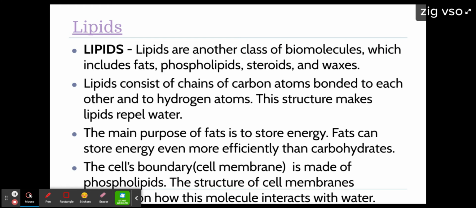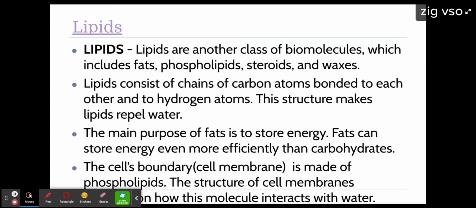The reason for this is that fats contain 9 calories per gram, as opposed to all the other biomolecules, which are less than half of that. They all contain 4 calories per gram. So by storing energy more densely, and that energy is stored in the carbon-carbon bonds, it allows organisms to store more energy with less mass that they have to move around.